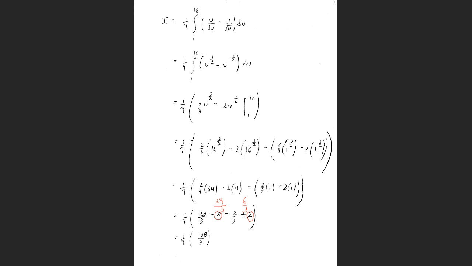So the common denominator is 3. If you take 128 minus 24 minus 2 plus 6, you'll get 108. So 108/3.